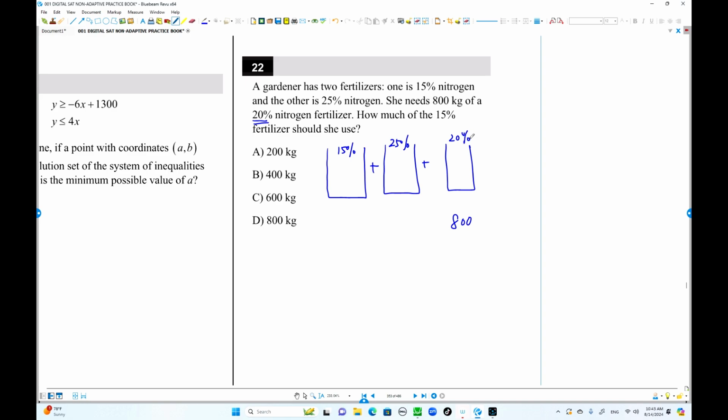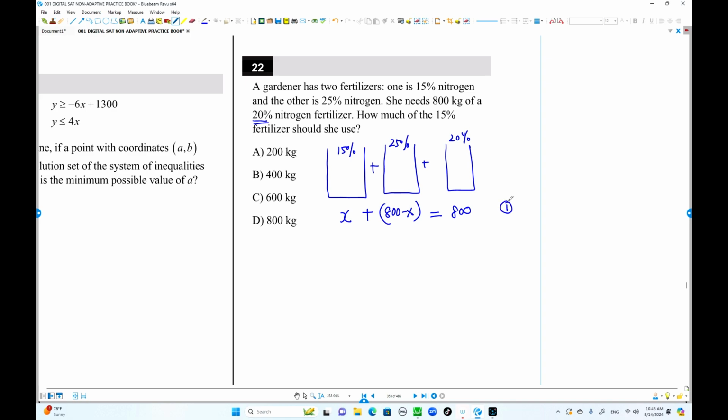So how much of the 15% fertilizer should we use? We're going to find this amount, x. The other one is how much? 800 minus x, isn't it? That's why the total is 800. That's the first equation.